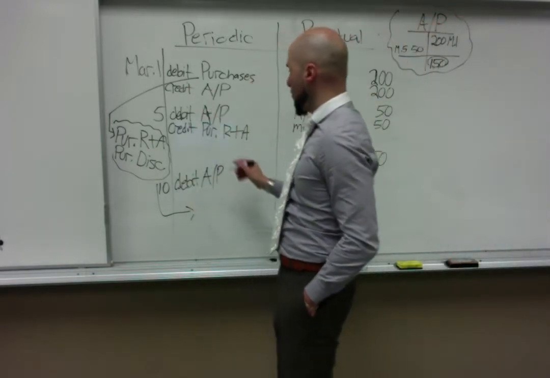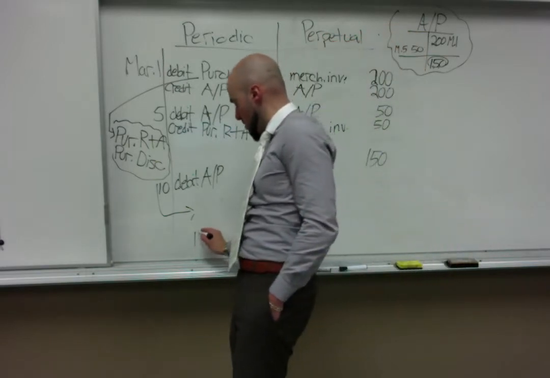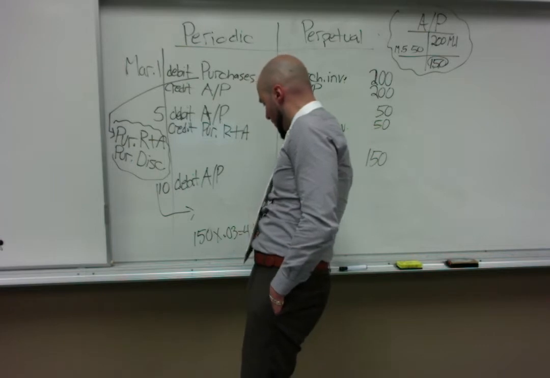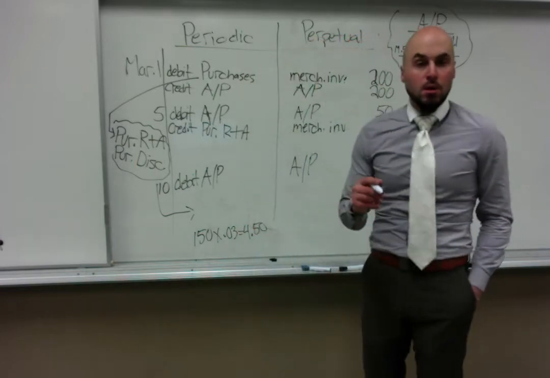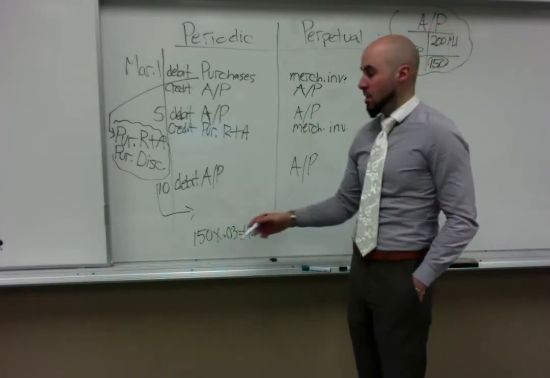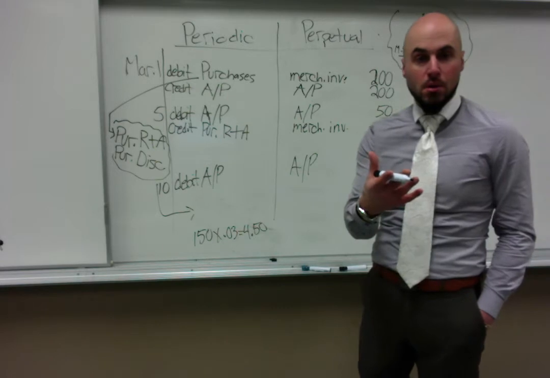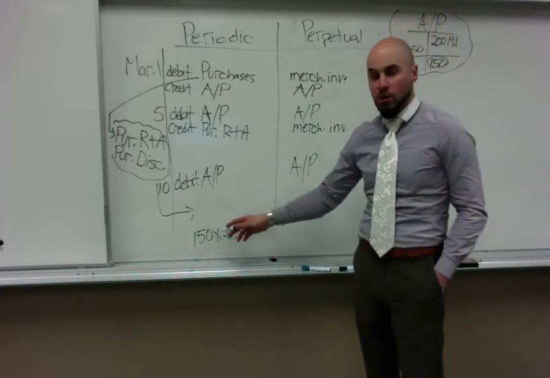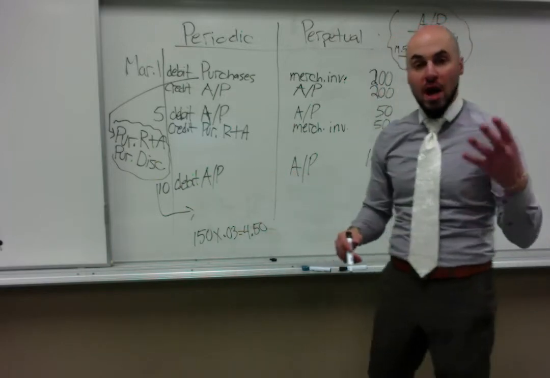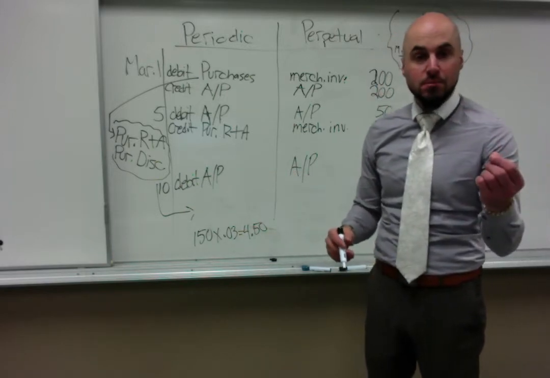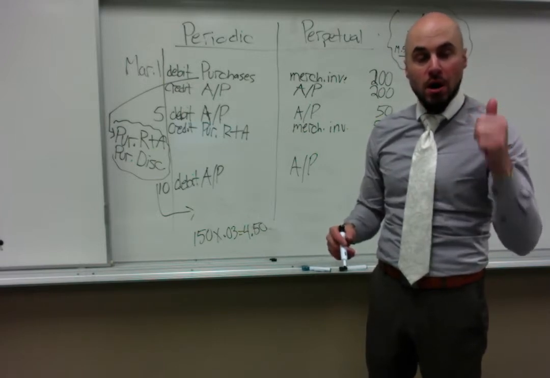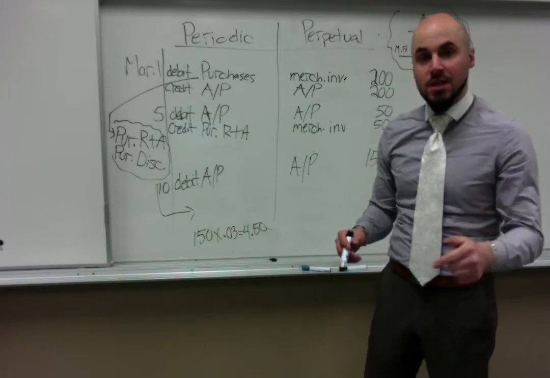So that calculation, 150 times 0.03 equals $4.50. So $4.50 off of the 150, meaning we're paying how much? $145.50. $145.50 we're actually paying off in cash, actually and factually.